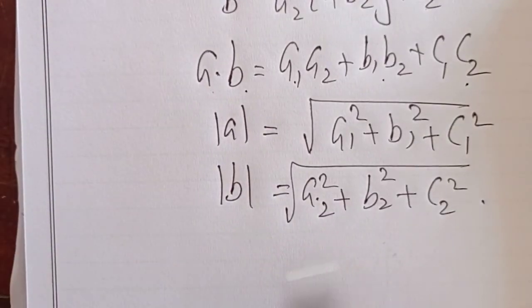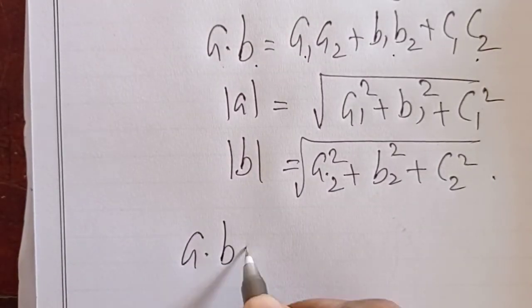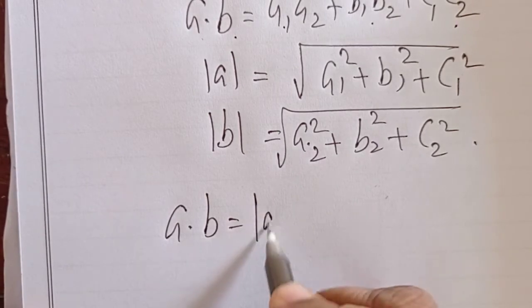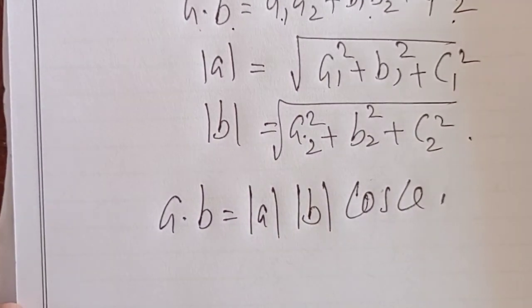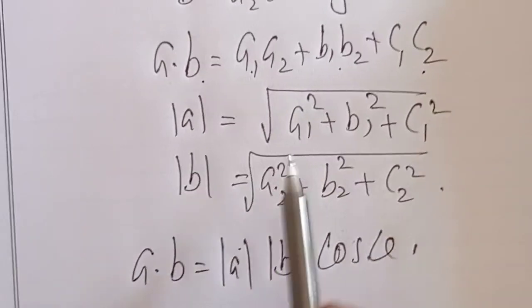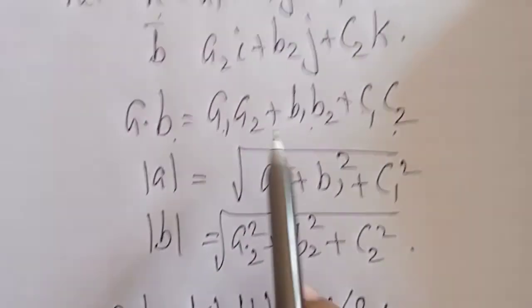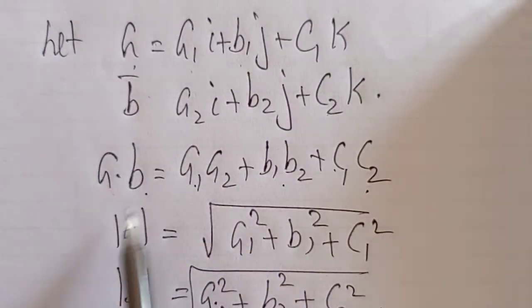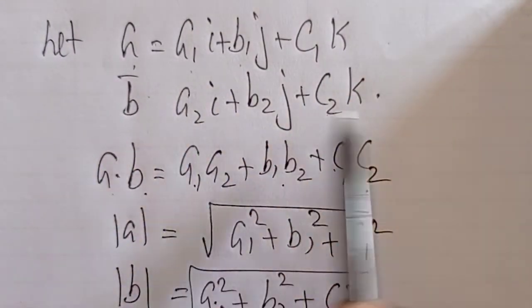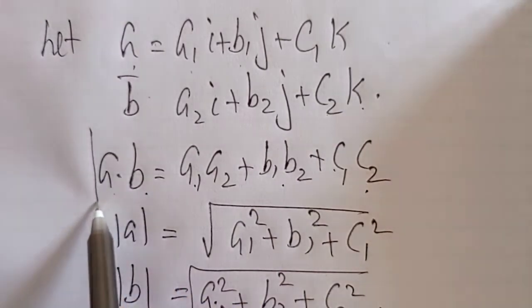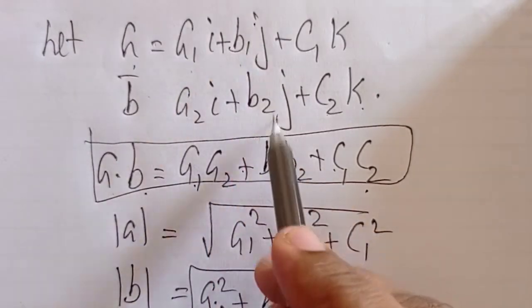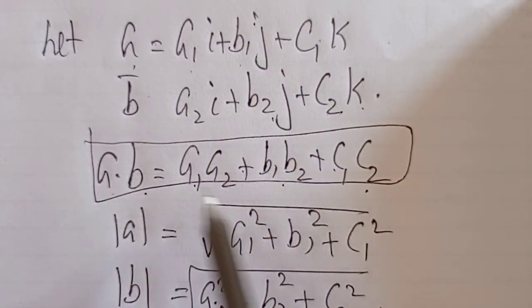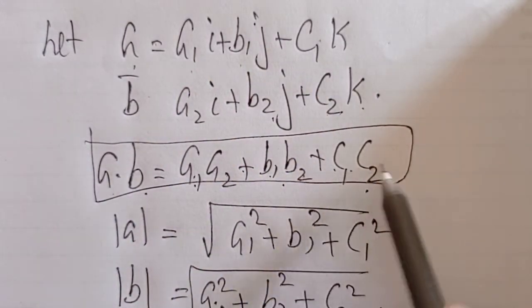We know that the geometrical meaning of A dot B is equal to mod A mod B cos theta. Just revise the portion. A dot B is equal to mod A mod B cos theta. Understand? This is the direct method to find A dot B, if the vectors A and B are given: multiply the i component, plus j component, plus k component, a1a2 plus b1b2 plus c1c2.